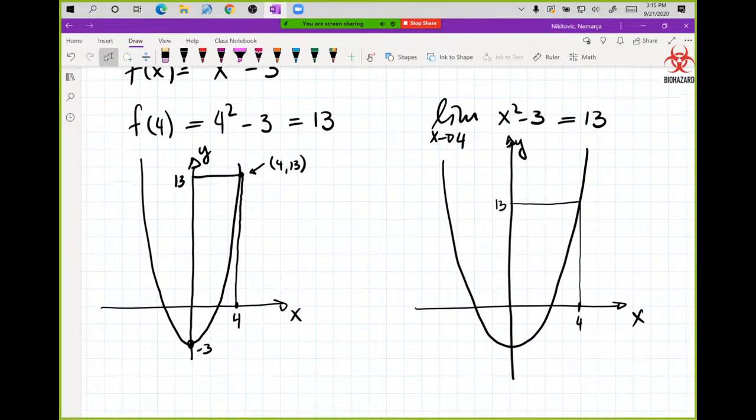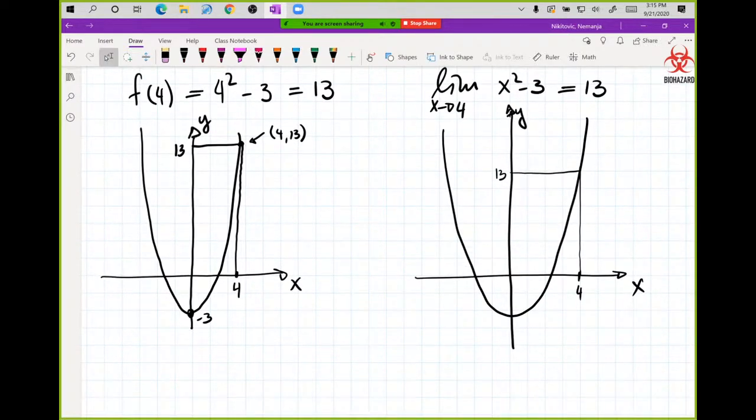Now, what is the way that the limit approaches the problem of find the limit of x squared minus 3 as x goes to 4? Well, the limit has this idea of approaching 4. Approach, walking, right?